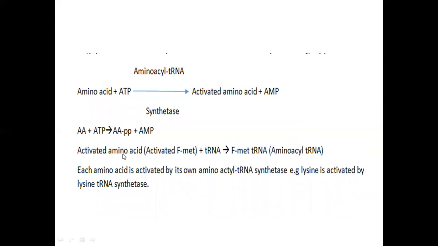And then we have the activated amino acid, which is methionine in prokaryotes, plus the transfer RNA, which will lead to the formation of methionyl tRNA, an amino acid transfer RNA. Each amino acid is activated by its own aminoacyl tRNA synthetase. So for example, if you have lysine, it will be activated by lysine tRNA synthetase.